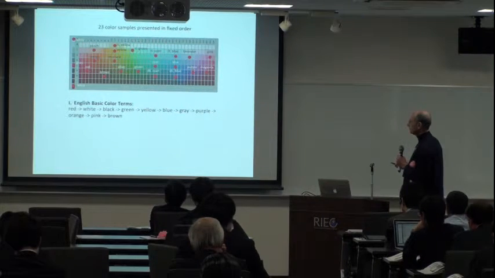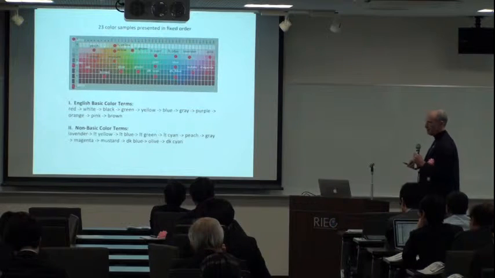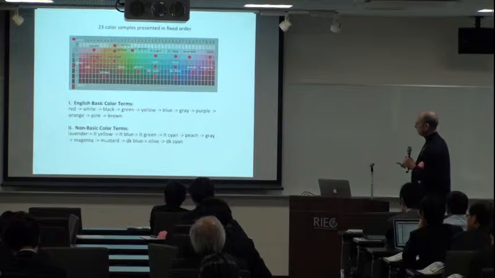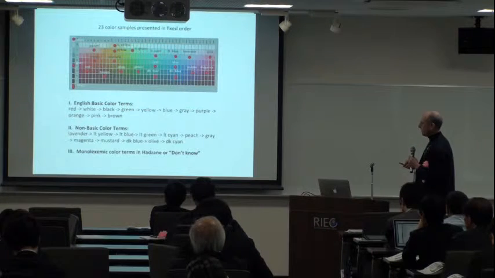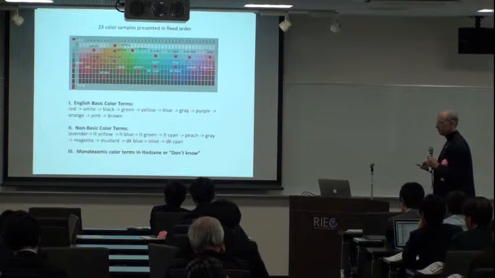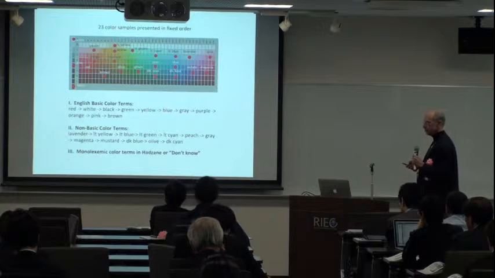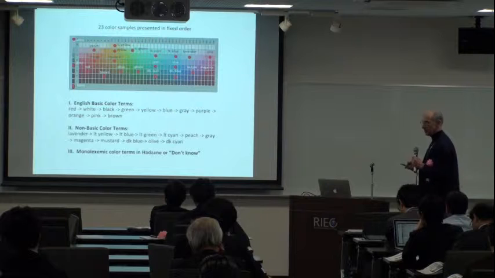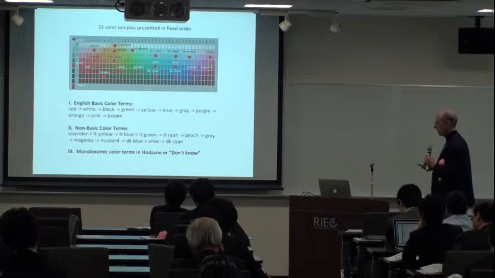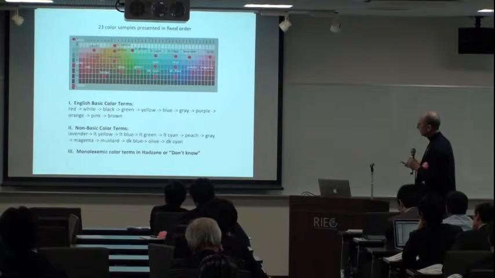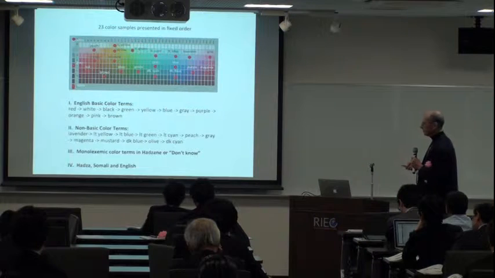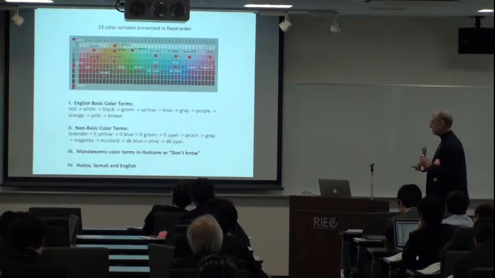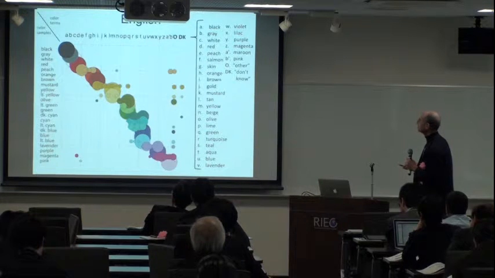We also picked other colors that were based on our study of the English color lexicon a couple of years ago. And we had our Hadza informants name each of those colors using a single word, or crucially, if they didn't know a word for that color, if they didn't think there was one in their language, to say don't know. We studied not only the Hadza, but we also did control studies in Somali and English.